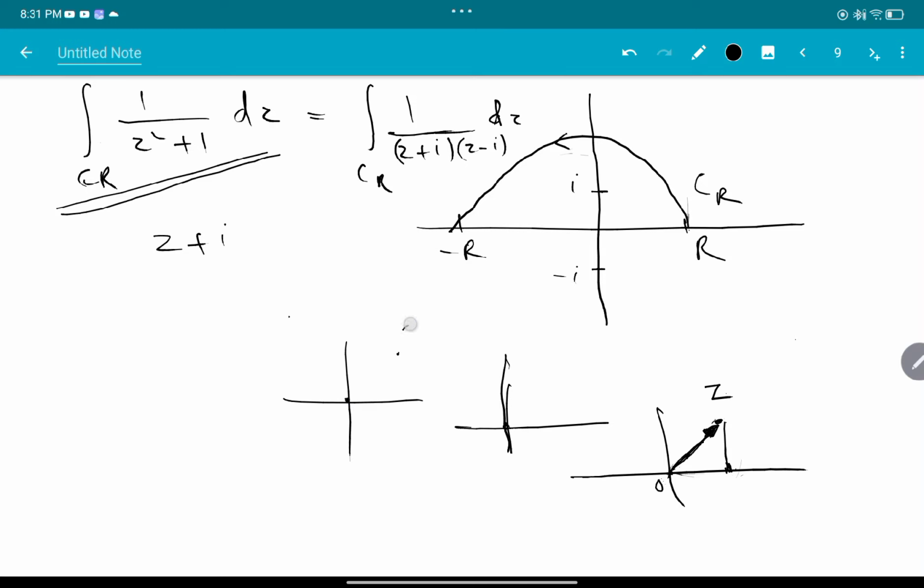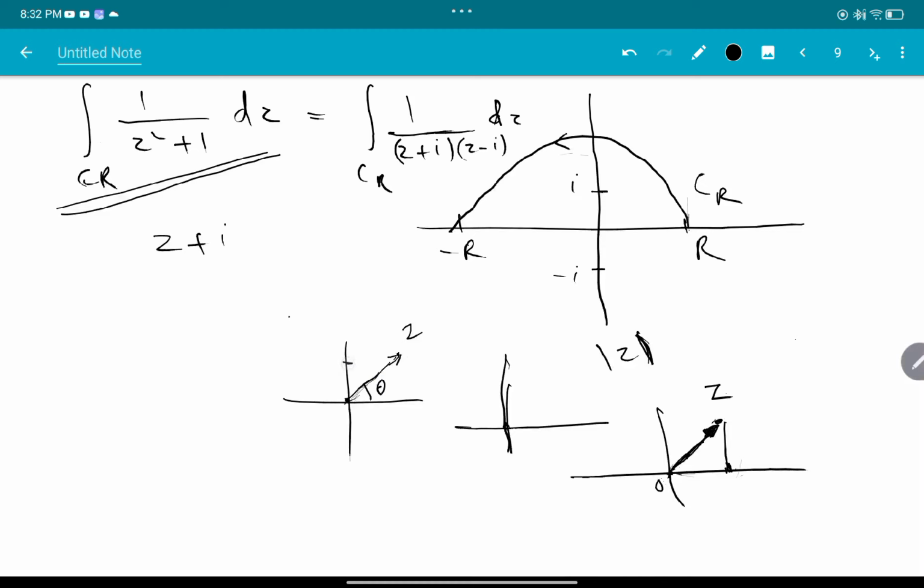If z is shown here, its modulus means the distance from the origin. Mod z means distance. And theta, the argument, that angle, means direction. It gives direction.